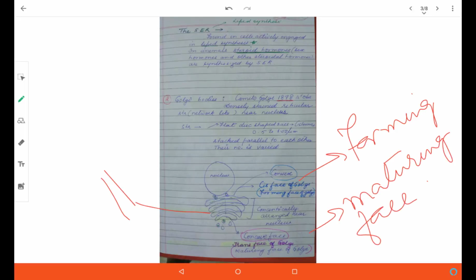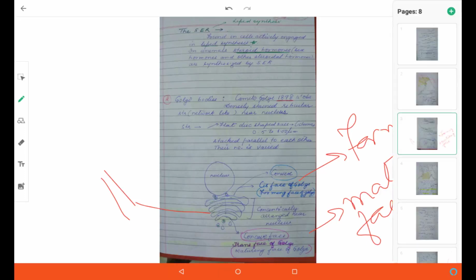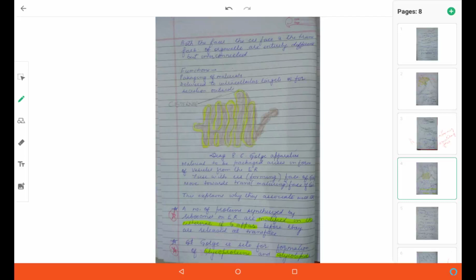Here you get the vesicles which are laden with the secretory material, which has to be secreted inside or outside the cells. Both the phases lie opposite to each other.